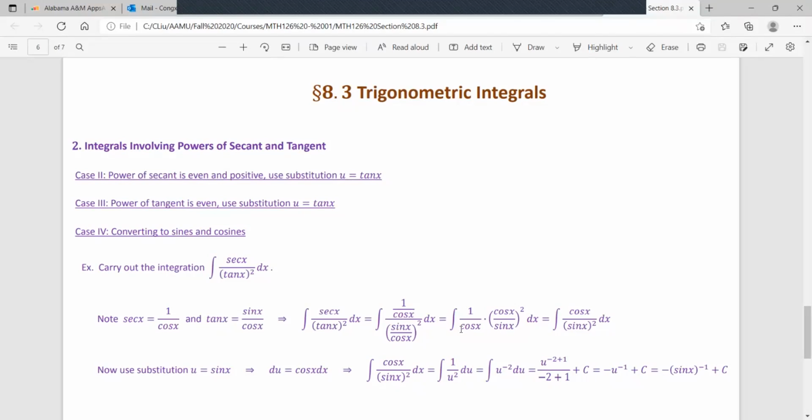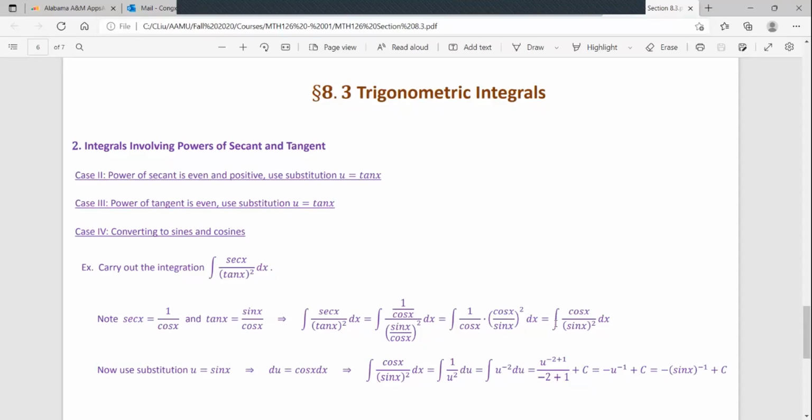So when you divide a fraction, you flip it. So the integrand is just 1 over cosine x times cosine x over sine x squared. Okay, when you flip sine x over cosine in the denominator. And now you can cancel one of the cosine x from the bottom, and you are just left with the cosine x on the top.